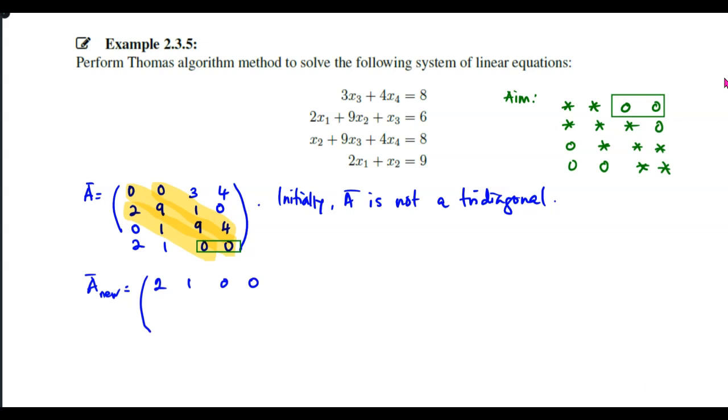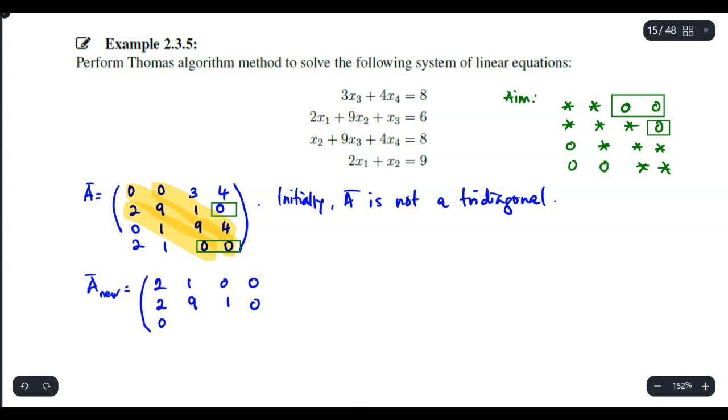And the second row, you are looking for an equation that has only 1 zero at the last column, which corresponds to this one. So you are going to have 2, 9, 1, 0. And at the third row, the first element should be 0, so we have 0, 1, 9, and 4. And lastly, we have 0, 0, 3, and 4. So that is our new A.